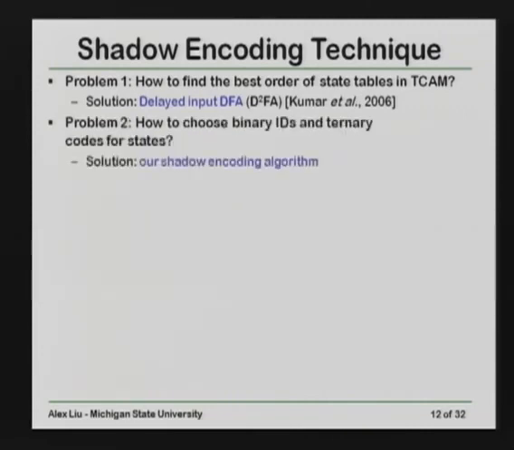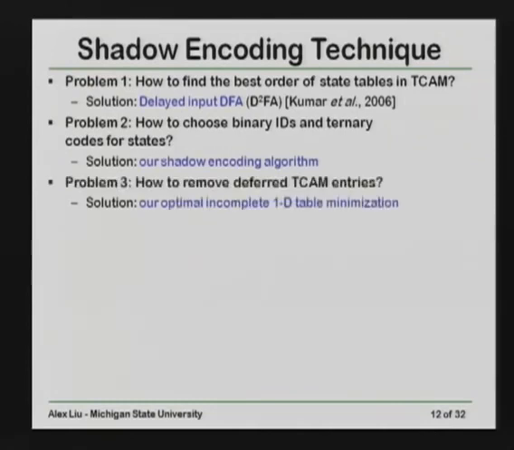The second problem is how to carefully choose the binary IDs and ternary codes for each state. So we have a shadow encoding algorithm. The third problem is how to remove the deferred TCAM entries, that is, how to remove entries from tables such that the table below it can take care of those removed entries. So we have an optimal incomplete one-dimensional table minimization algorithm.